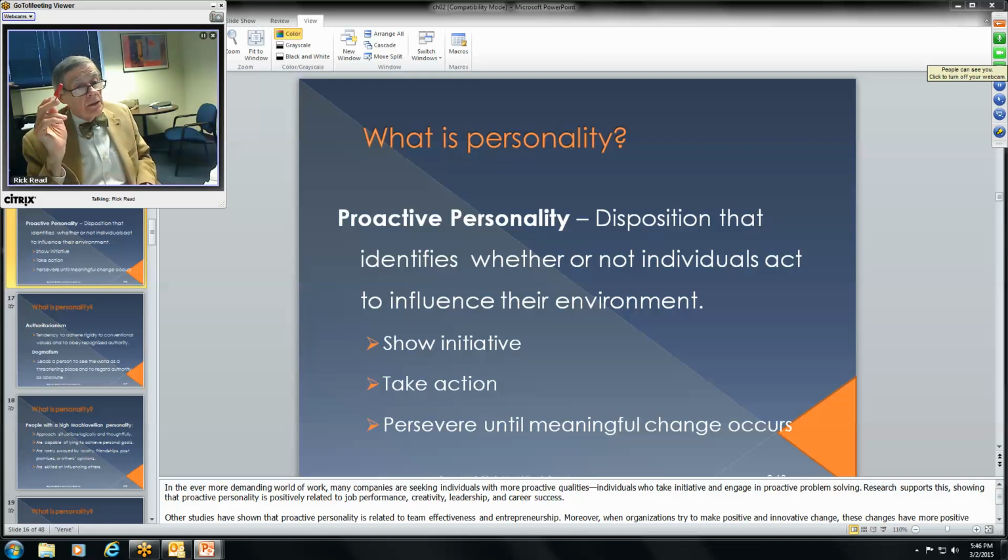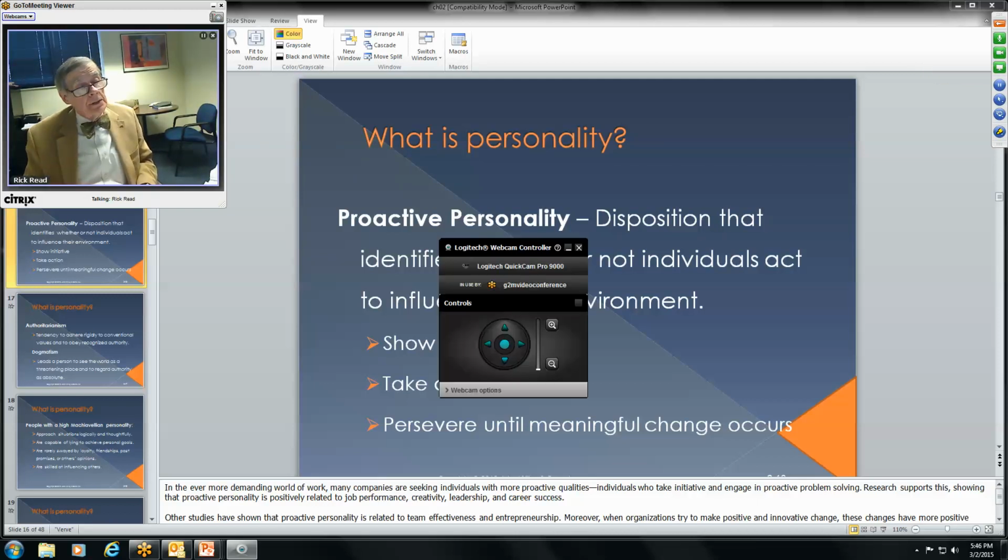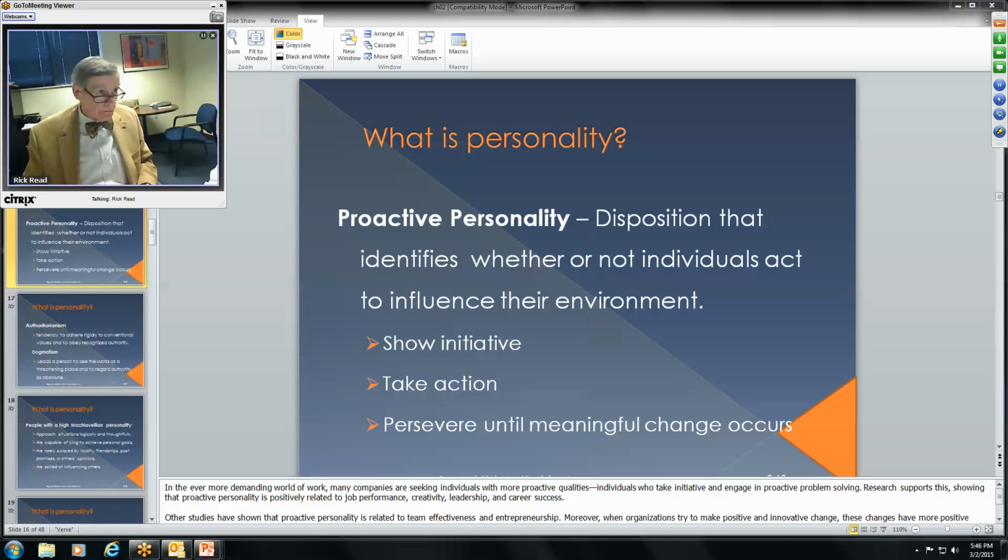Now, it says here, until meaningful change occurs. And I submit to you that that's correct. But we may not want to accept that meaningful change. And so we will continue to do what we can do to have the results be what we want them to be.